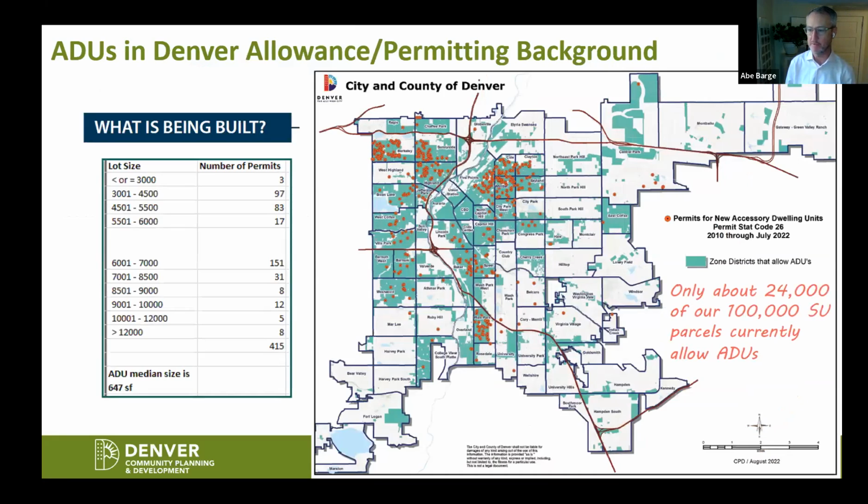Here's the map I was referring to. On this map of the city, the areas that are that turquoise color are the zone districts where you can build an accessory dwelling unit, an ADU, now. That includes any single unit zone district where the designation has a 1 at the end of it.